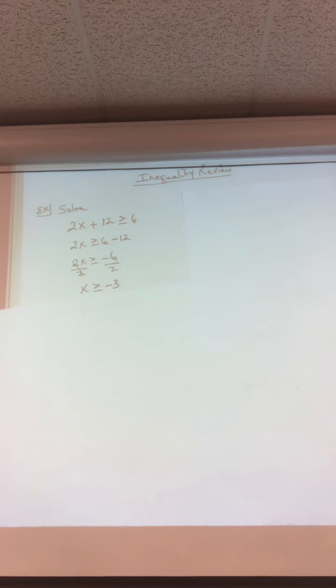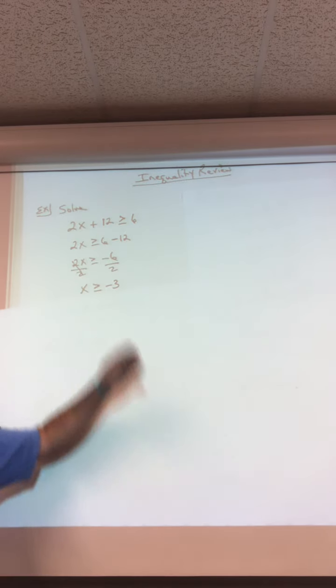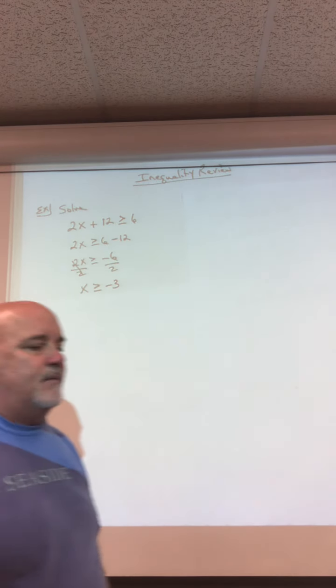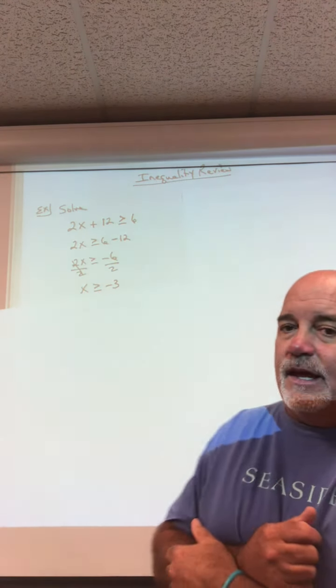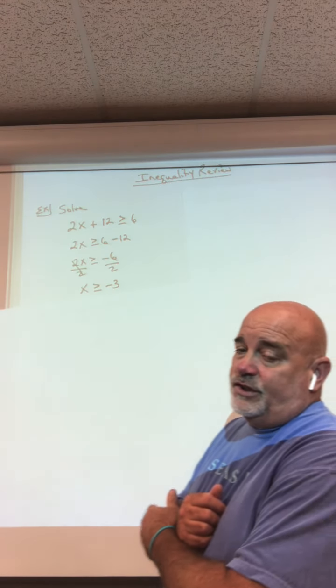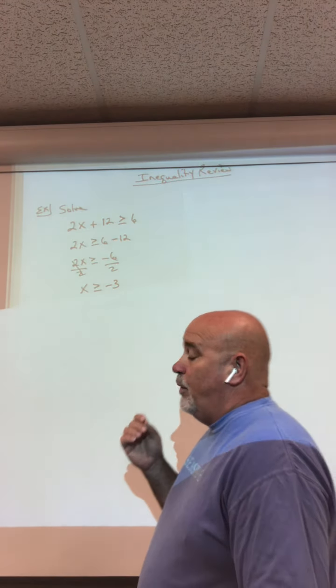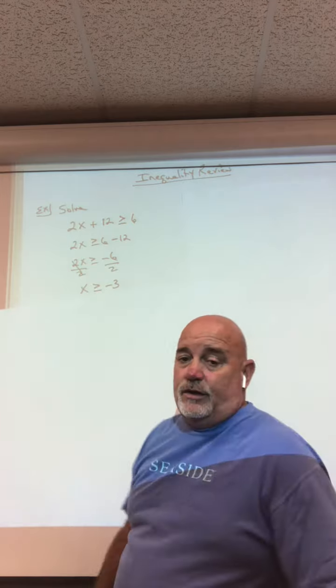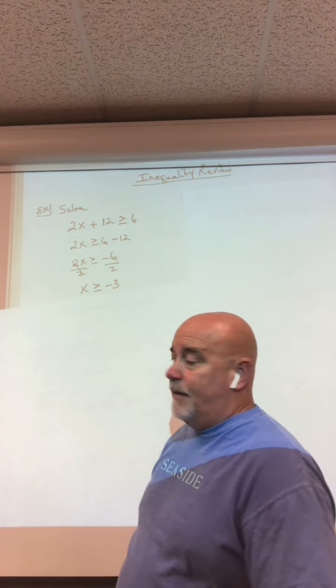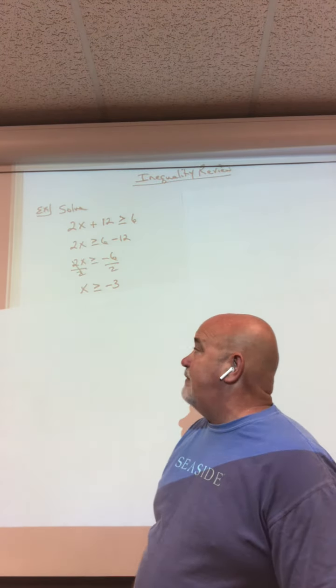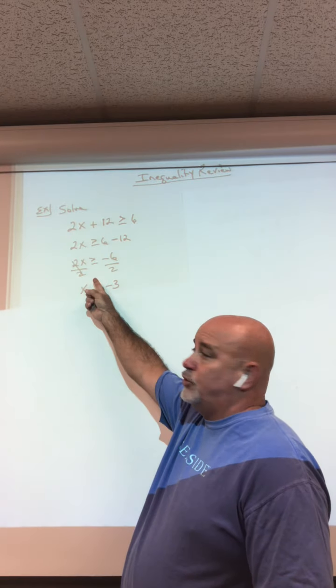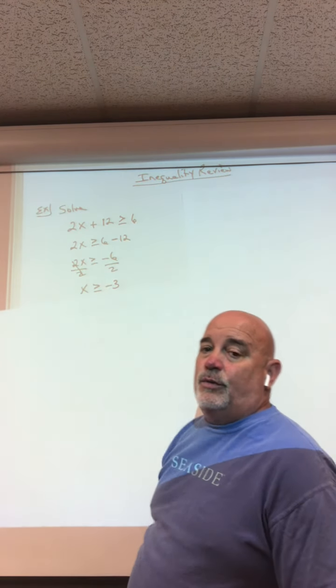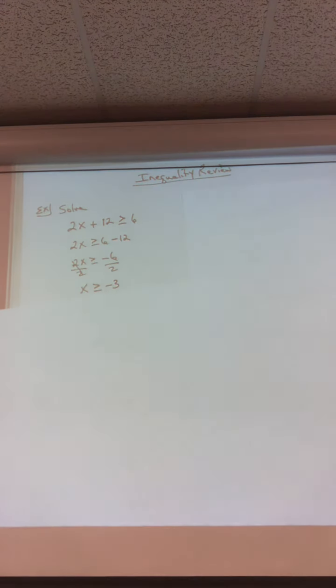Now remember, whenever we solve an inequality, we oftentimes do something a little different that we don't do to equations, and it's this. We represent the solution graphically on a number line. If I wanted to graphically represent all of the numbers greater than or equal to negative 3, where are they?